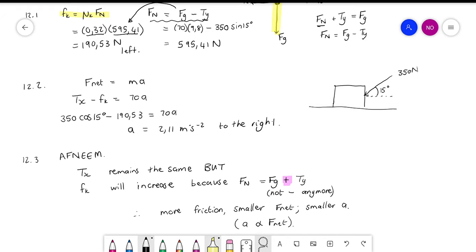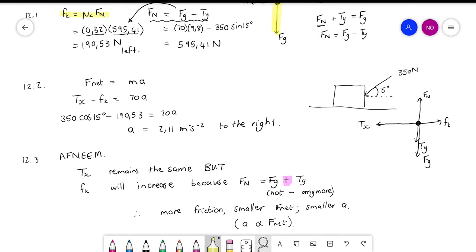Okay, nou, as ons nou hierdie krag gaan opbreek, then it's going to be, I'm still going to call this Tx just for the sake of this calculation. Tx is now to the right. And Ty is pointing downwards. Fg is also pointing downwards. Normaal krag wys boontoe. En kinetiese wrywing gaan nou in daai rigting wees.